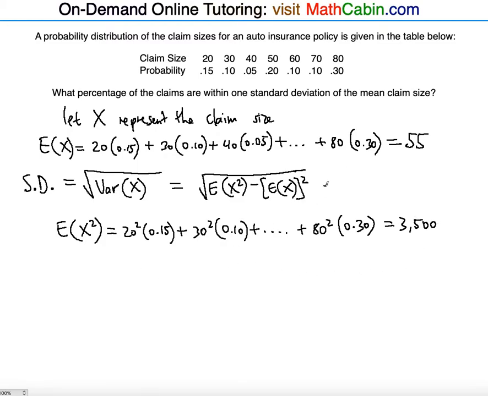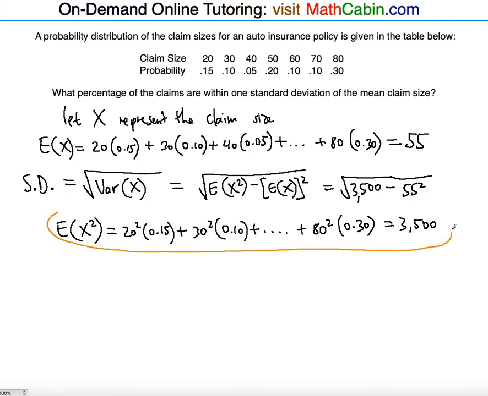So now this will be equal to 3,500 minus the squared expected value, right? The squared expected value is 55 squared. Okay, so we might as well just separate this.